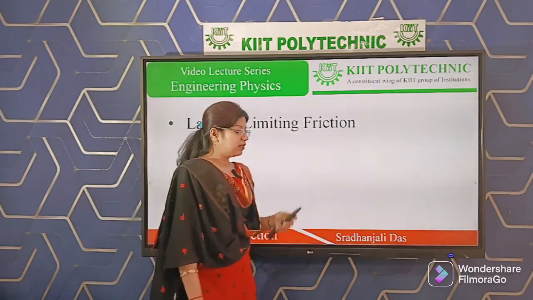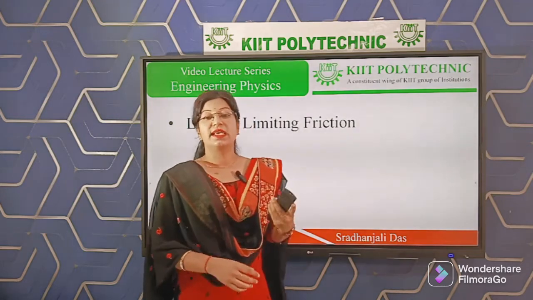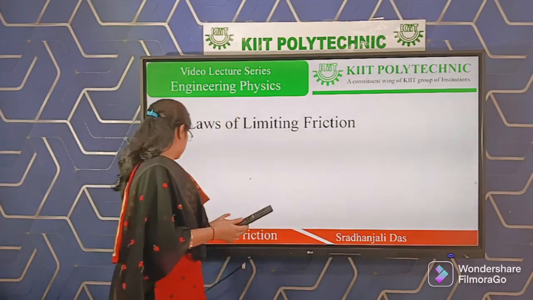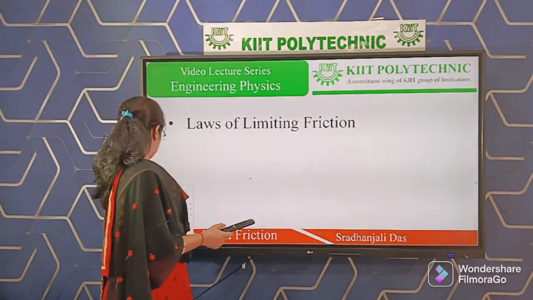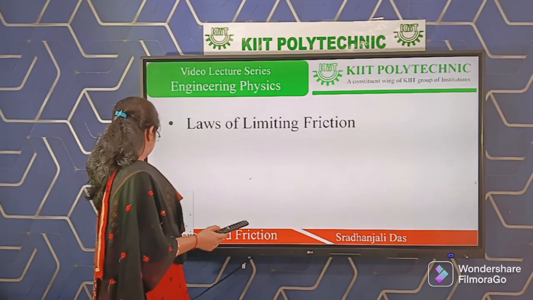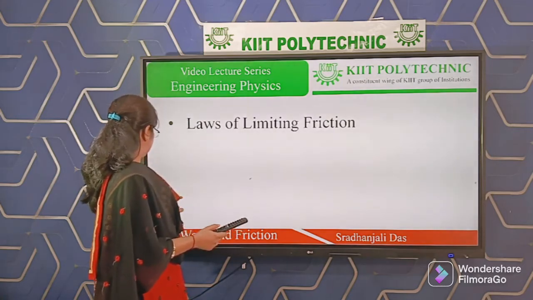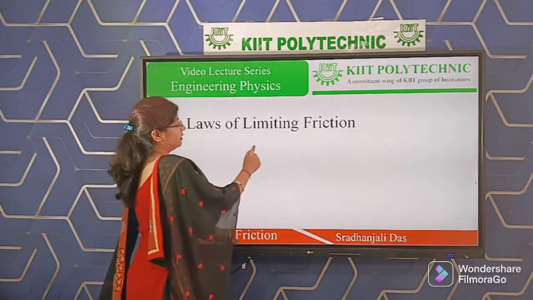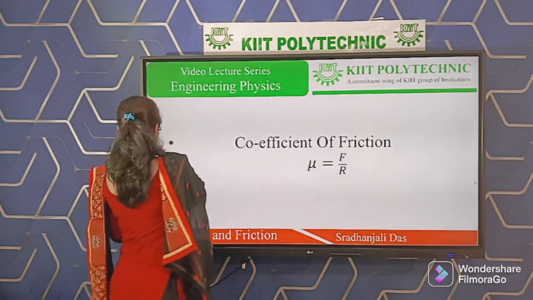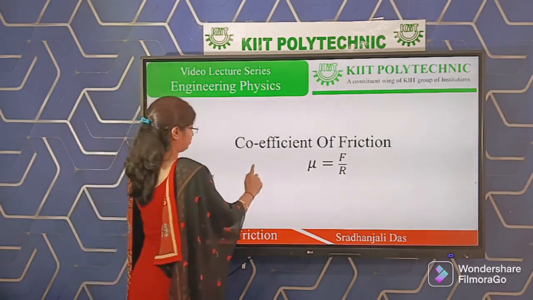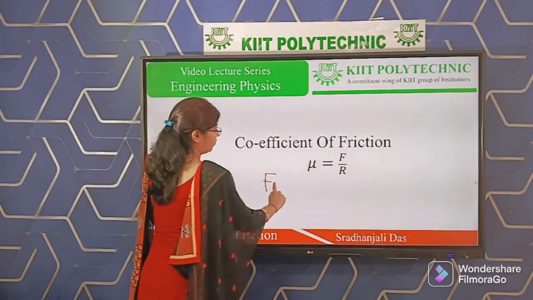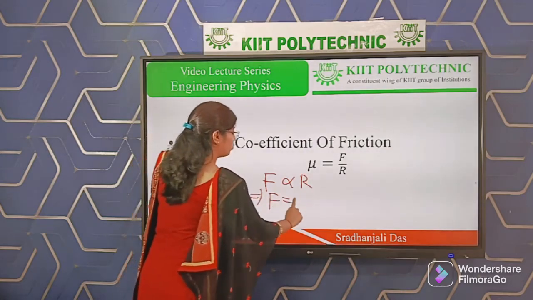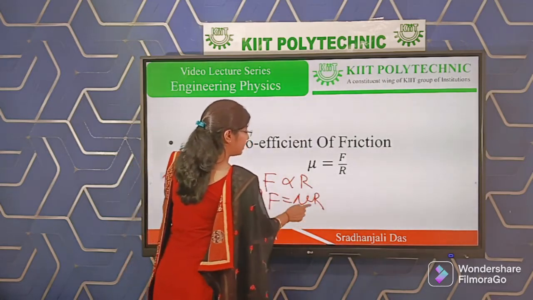Then what is the next point? The force of friction is directly proportional to the normal reaction. That is, F is proportional to R, that is F equals mu R. So what is that mu?